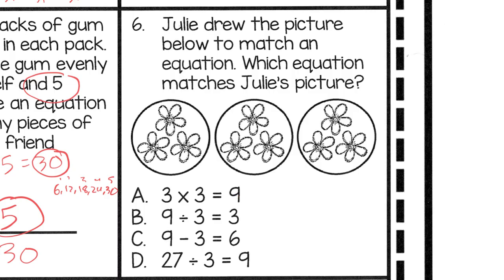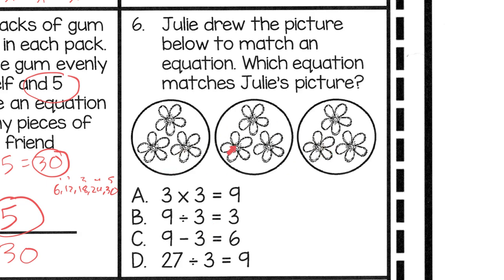Well, that's a true fact, and there are 9 flowers, but this doesn't show them all in one group, does it? Am I taking 9 flowers and dividing them into 3 groups? That seems kind of good. Let's look at C. On C it says 9 minus 3 is 6. That's a good math fact, but this picture doesn't show us getting rid of anything.